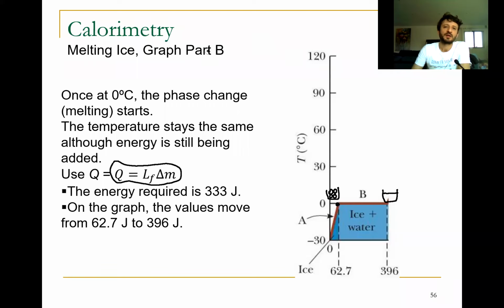We say Q in the phase B, here we have phase B, QB equals LF, you know, L fusion of the liquid. Here we have in general the liquid ice.